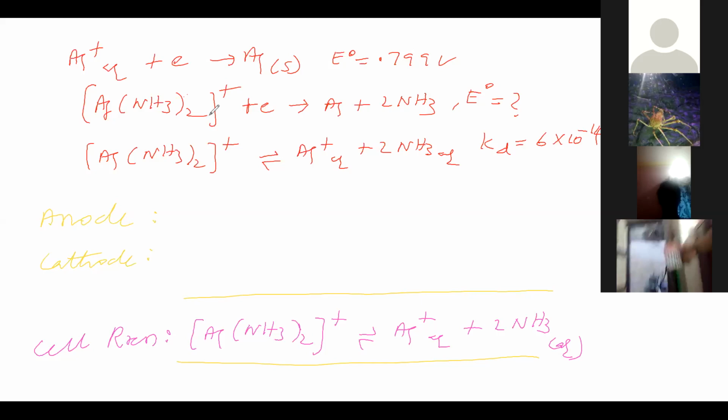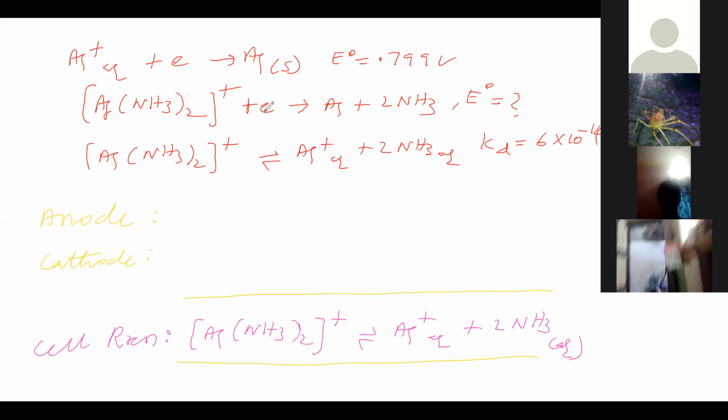In this cell reaction, the complex is on the left side. Now we will see the two electrodes. In these two electrodes, this electrode has the complex on the left side.